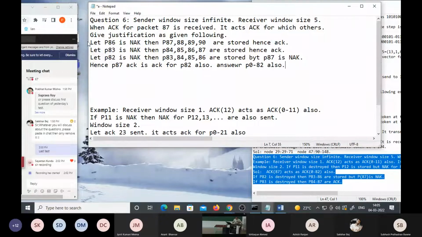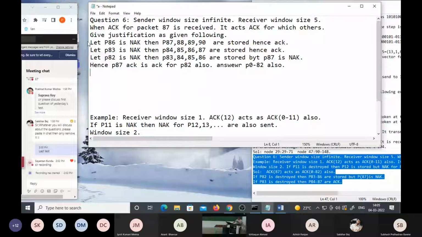But no one has written this answer on the few copies which I checked. I have not checked all the copies, but few copies I have checked and no one has written this answer. Even Karthik, are you here on the line? Karthik? Yes, sir.